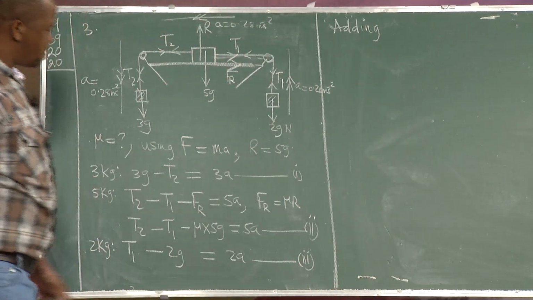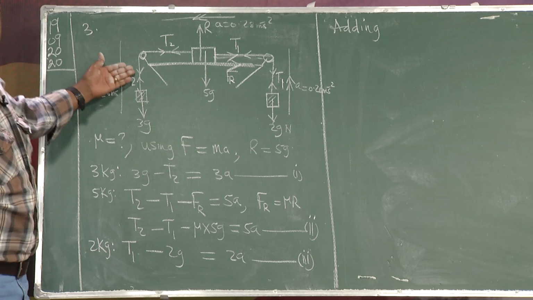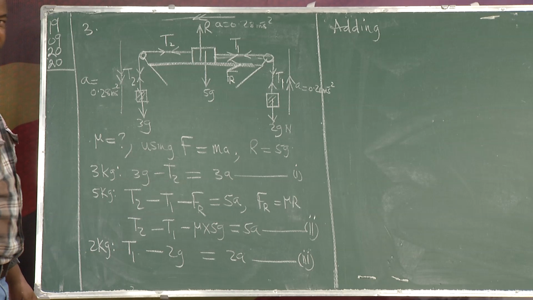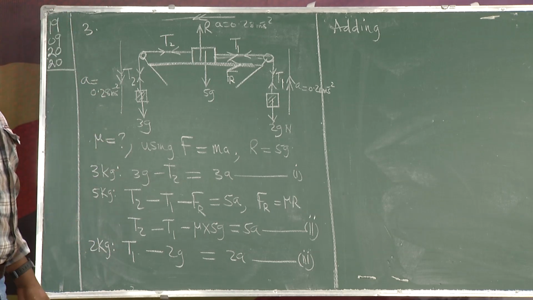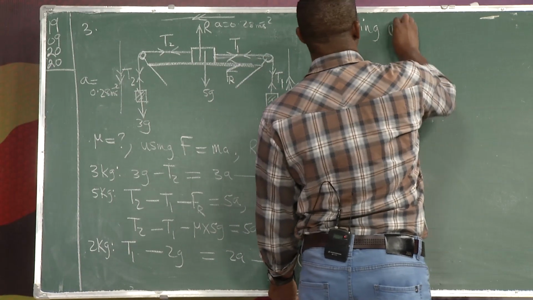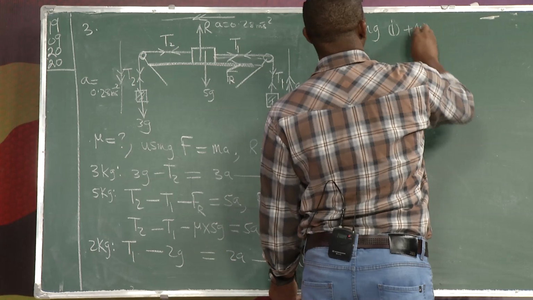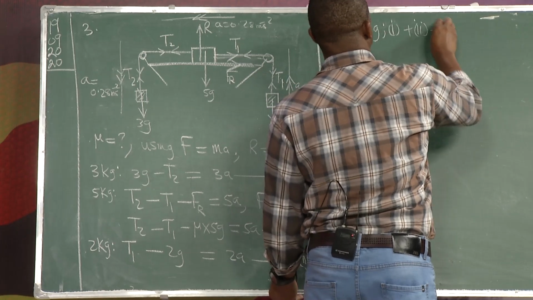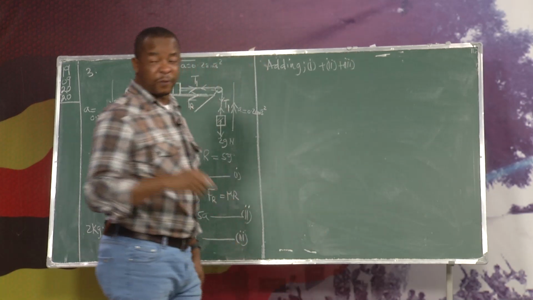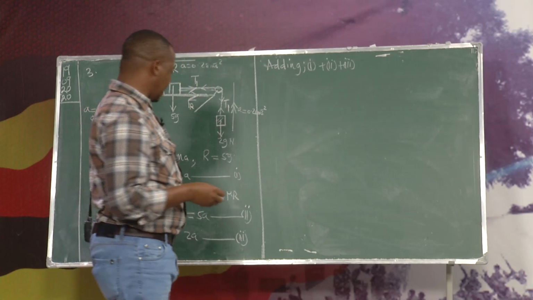Whenever you have pulleys and connected particles, the easiest way to find acceleration, for example, if it is not given, is simply add the equations all at a go. Adding 1 plus 2 plus 3 at a go will eliminate all the forces acting and allow us to find the acceleration.